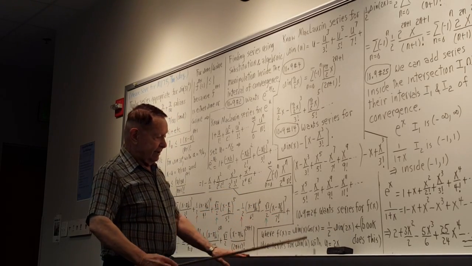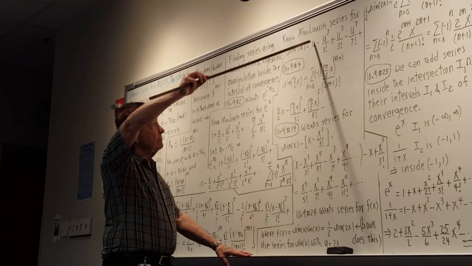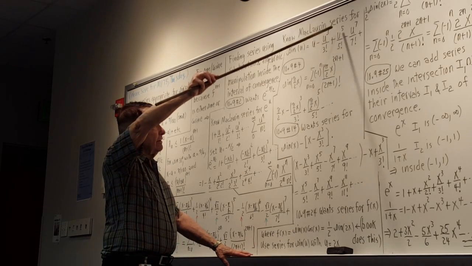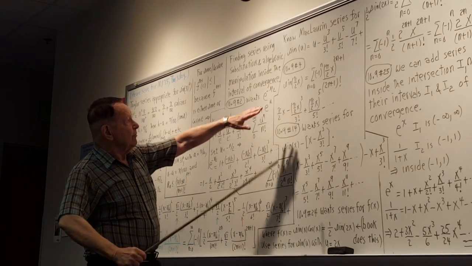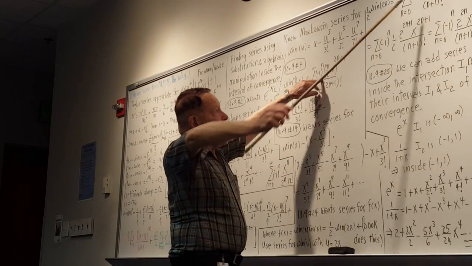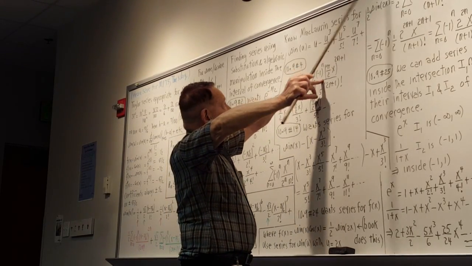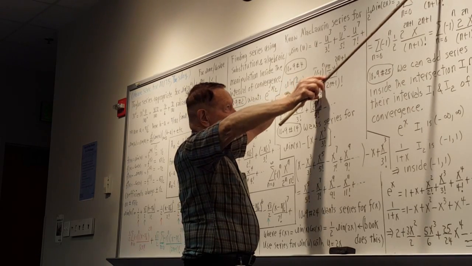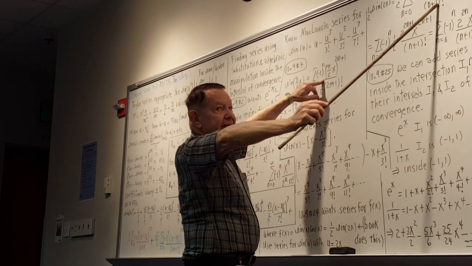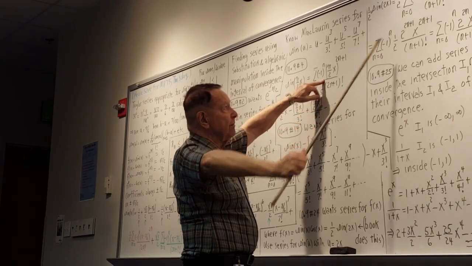You have then 2x for u there and there and so on. And that's like what I did here. I'm taking 2x and raising it to an odd exponent and dividing by the factorial.